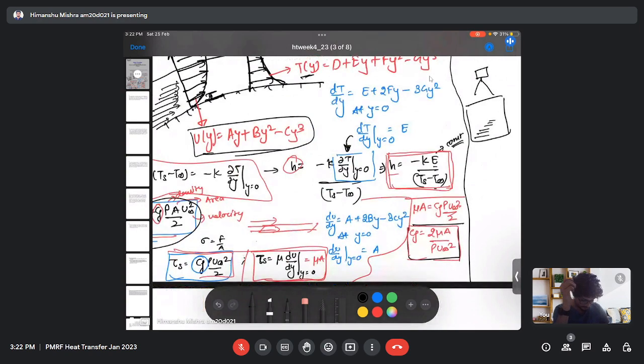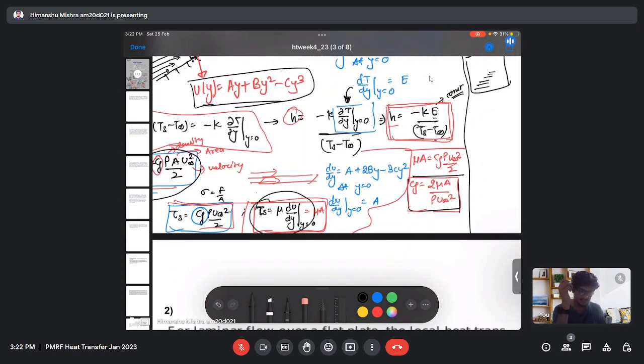We can relate it by this shear stress equation from Newton's law, because drag force and shear stress are interrelated to each other. Stress is just a force per unit area. That's it. And you can relate it to the viscosity by using Newton's law. Okay, sir.